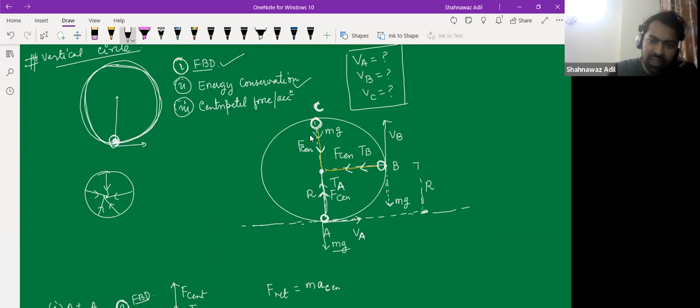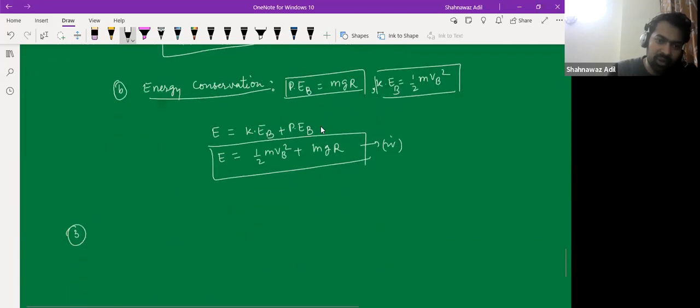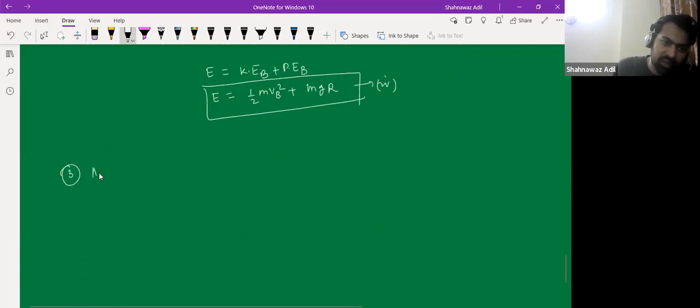So if we write the free body diagram from here, that would be how much at C. So if we write a free body diagram, we have FC, right? And this is empty. So F net is mg, right?